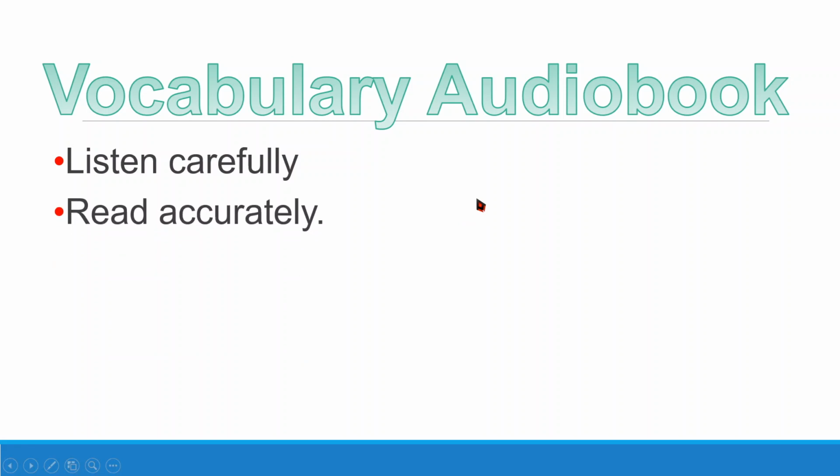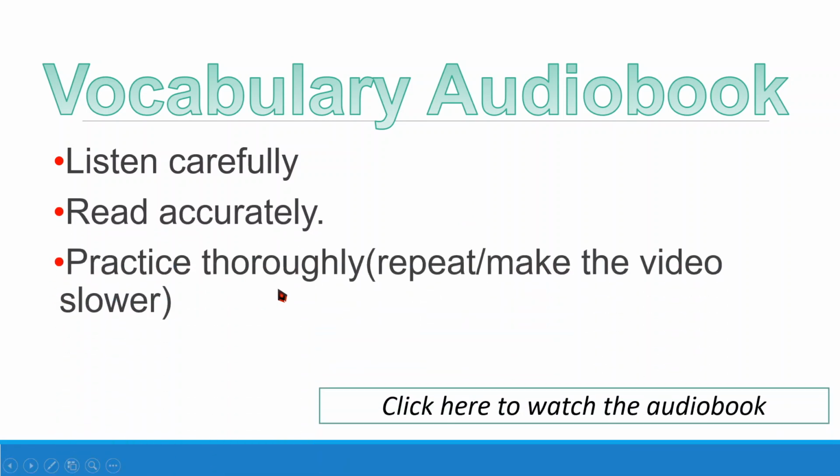While you're watching this audiobook, I want you to listen carefully for the correct pronunciation and diction of each word. You're going to read accurately, and I want you to practice thoroughly. You can repeat and make the video slower in YouTube. Let me click this for you. Click here to watch the audiobook.